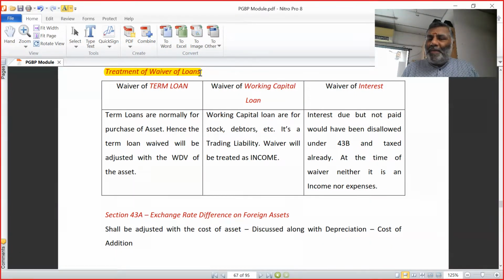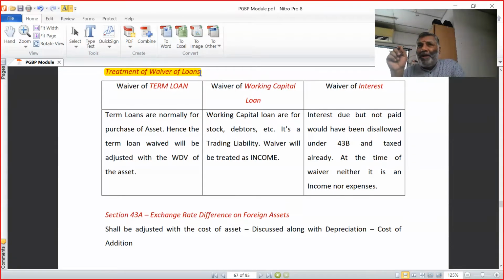There are three types: long-term loan, loan for working capital, and waiver of interest itself. Working capital loan is a trading liability. Please understand, working capital loan is a trading liability.